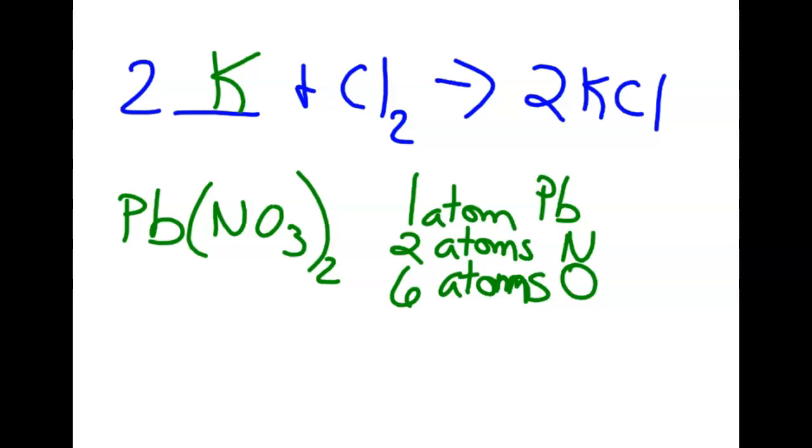On 24 through 27, you're going to do the same thing we did earlier this week. You're going to do the formula mass. So if I take acetic acid, HC2H3O2, I need to add up my total number of atoms and multiply them by their atomic mass for each element.